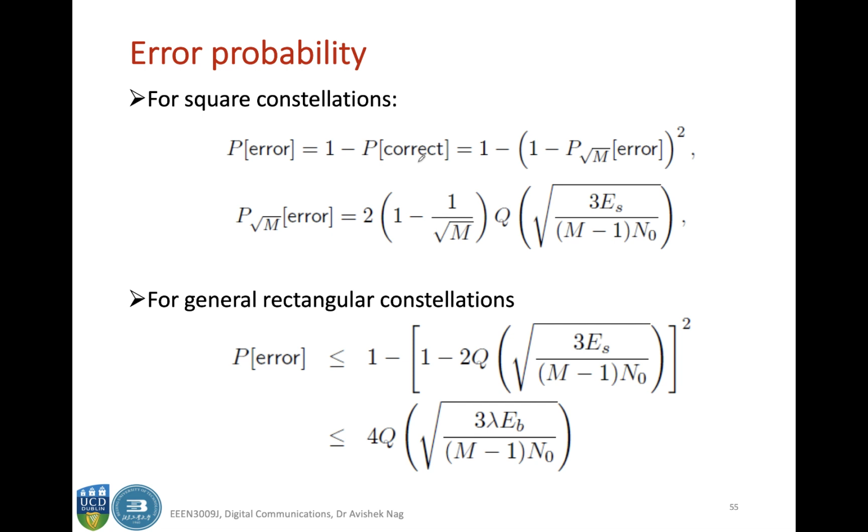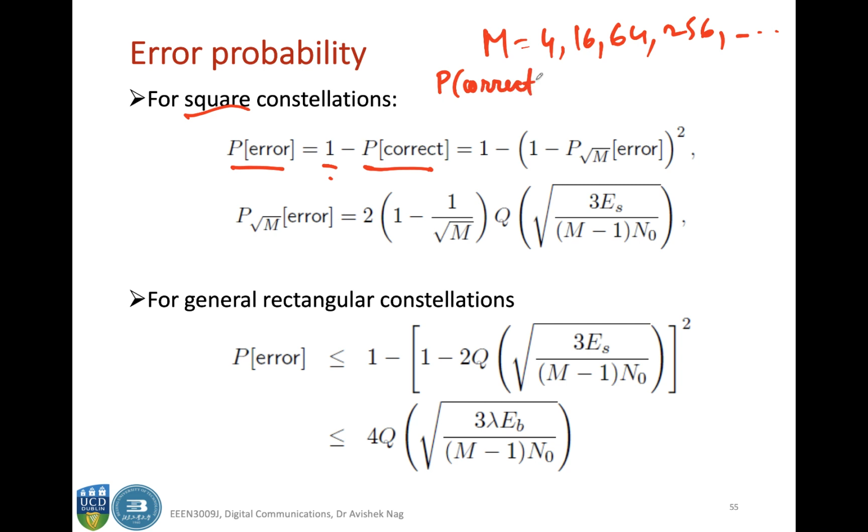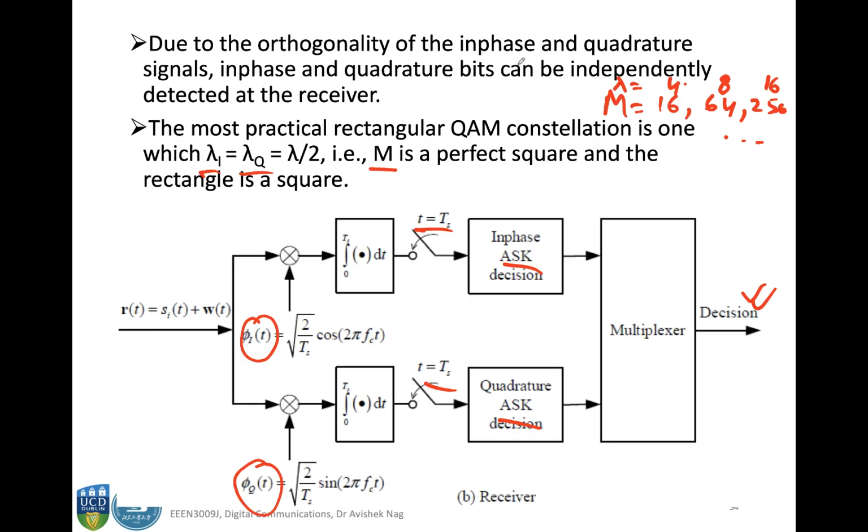And the error probability for square constellations, so if your M is 4, 16, 64, 256, etc., you can calculate the probability of error in the same way as we did for the QPSK, the probability of symbol error. So this is 1 minus the probability of correct, and probability of correct is the probability that none of the bits that are coming from these two arms are in error.